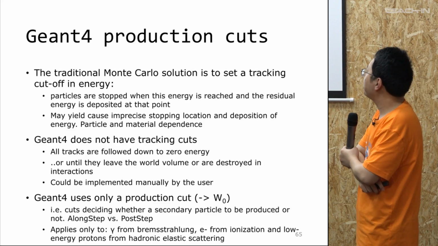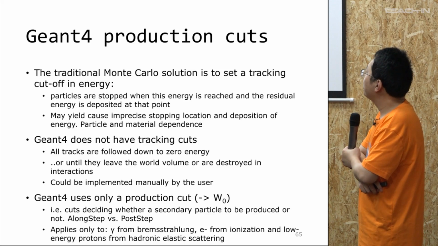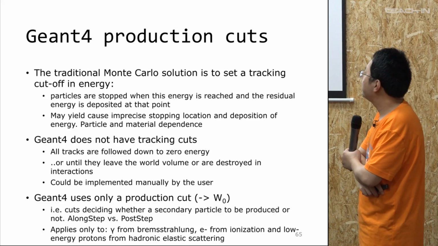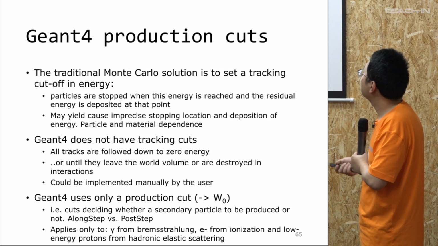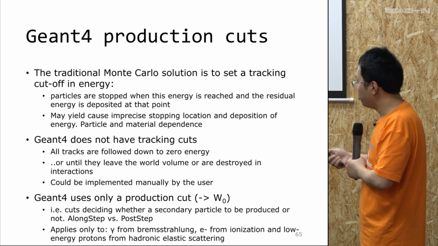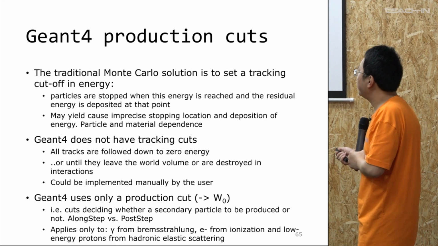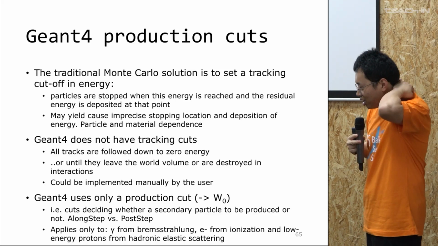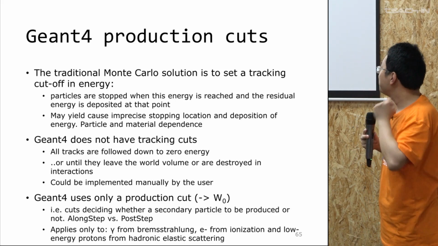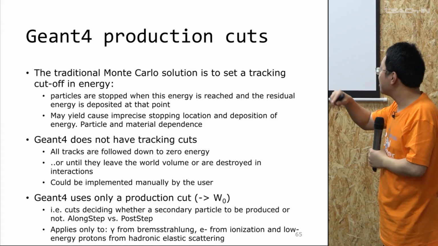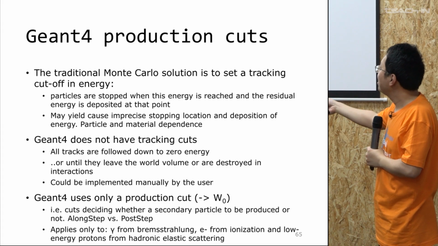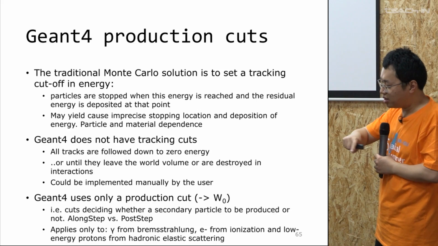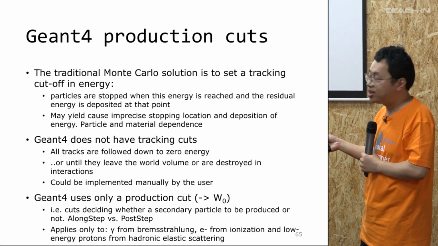I think it's a very simple idea, but the problem is that it can cause some imprecision, like in stopping location and deposit energy. So Geant4 uses a different way. Geant4 doesn't have a so-called tracking cut. That means Geant4 will always simulate a particle until its energy is down to 0 or it has decayed. That makes the simulation more precise.